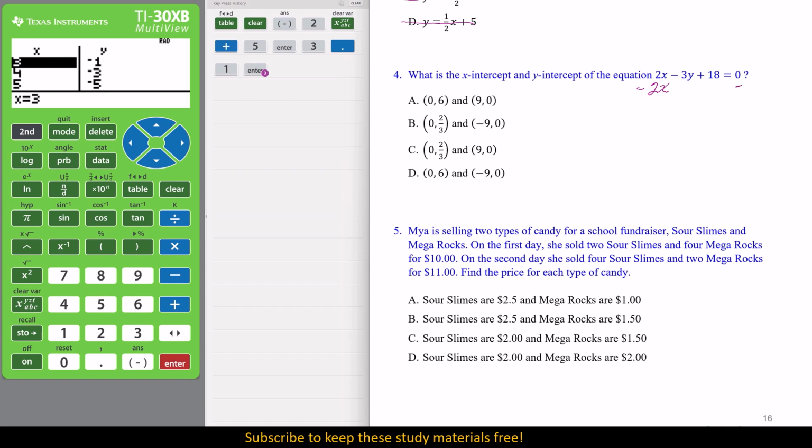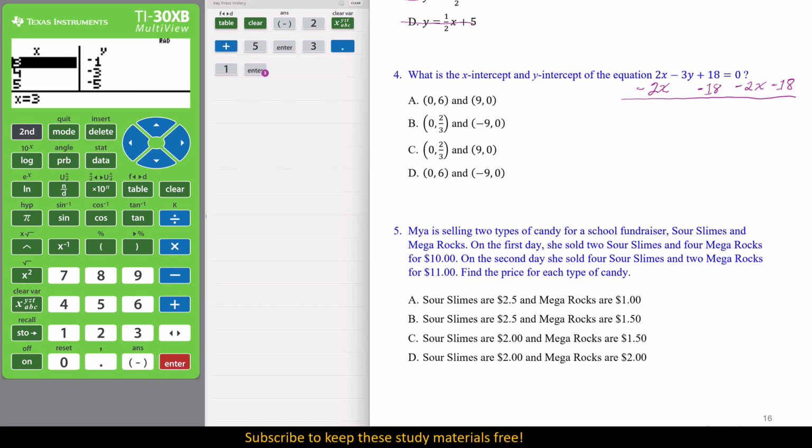So over here, I want minus 2x. And not only am I doing that, I'm also subtracting 18 from both sides. Okay, I'm doing 2 steps at once. At this point, you should be comfortable enough that you can do that.